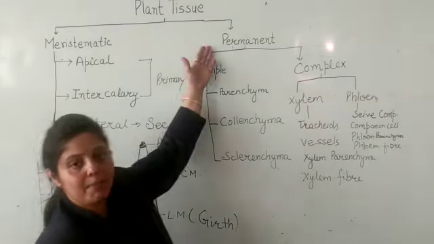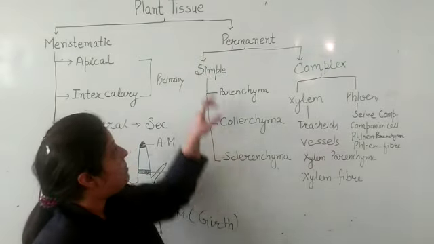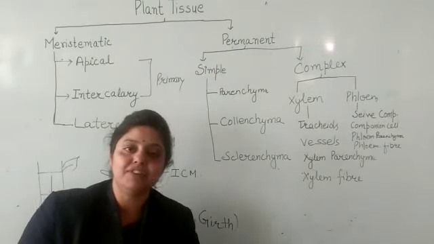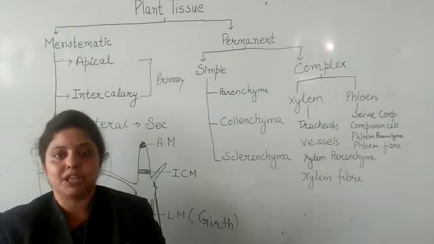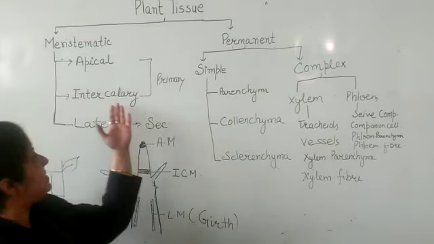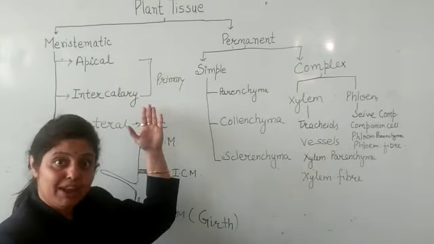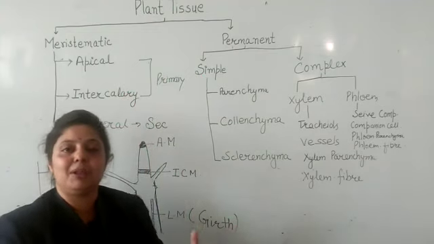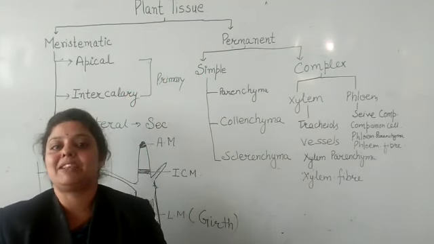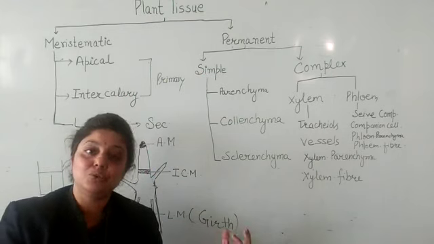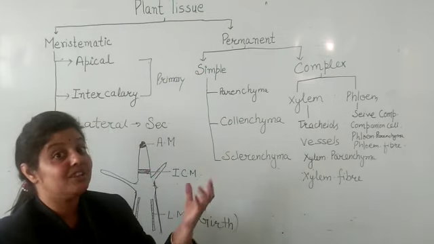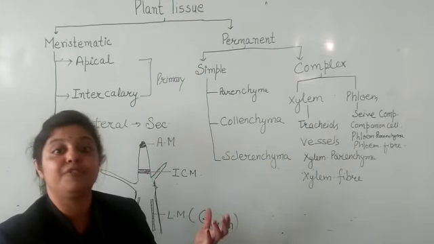Let's proceed to the permanent tissue. Permanent, as the name itself tells us, is something which is permanent. It arises from the meristematic tissue only. When this meristematic tissue loses its capacity to divide, it changes to permanent tissue, and this phenomenon is called cell differentiation.